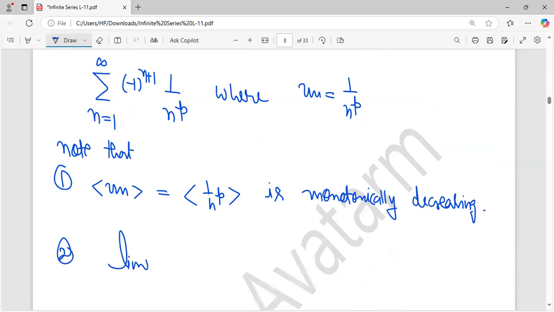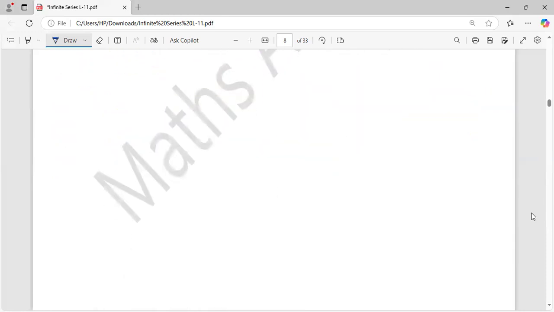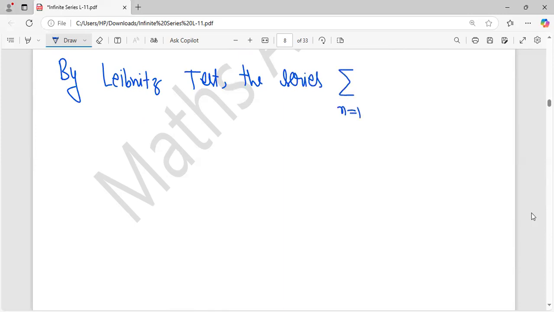Taking the limit n tending to infinity, un is equal to the limit of 1 upon n to the power p, which is 0. So it satisfies all the conditions of the Leibniz test. By the Leibniz test, thus the series is convergent.